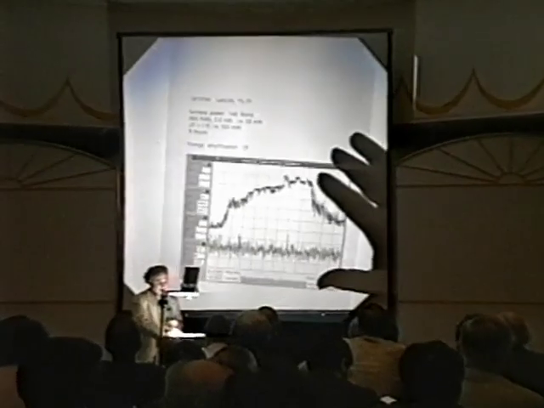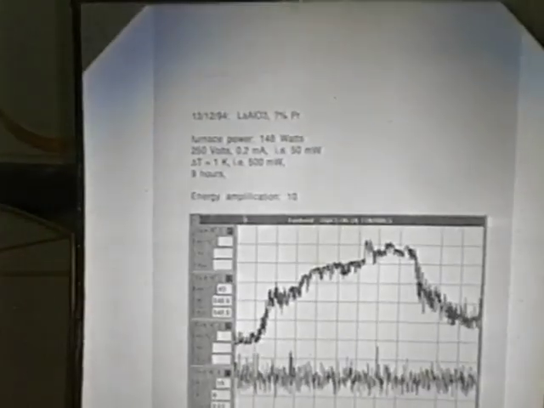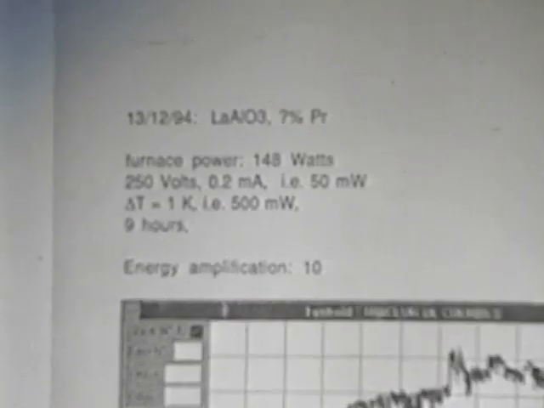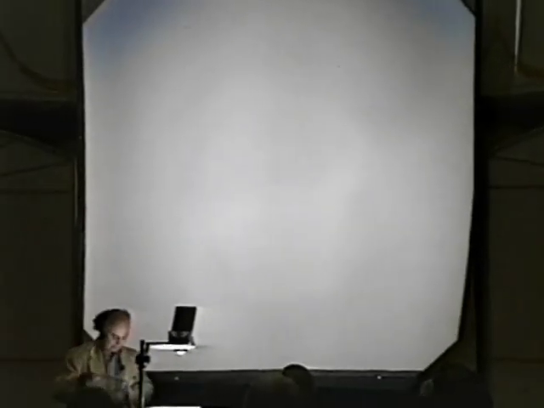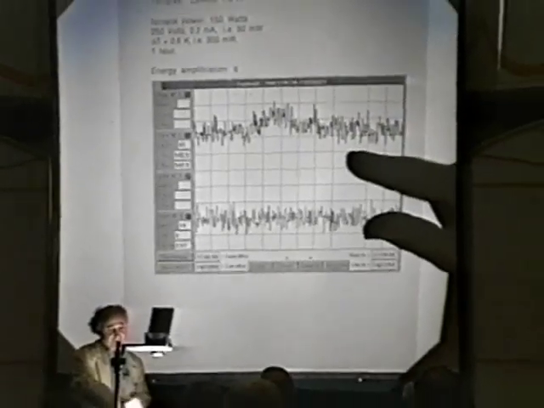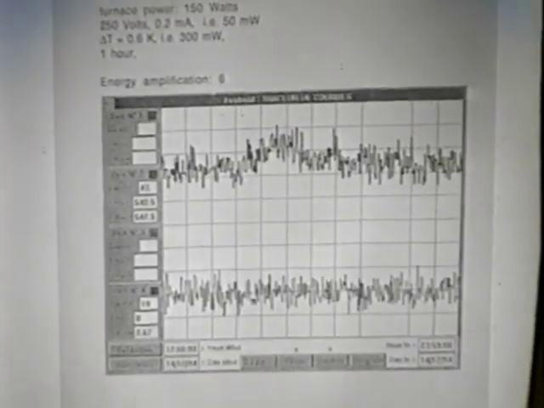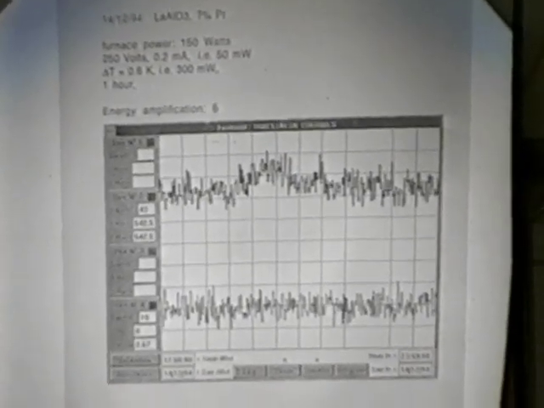This is another experiment with slightly more energy amplification, of 10, no neutrons, very close to zero. Another one here with an amplification of 6, no neutrons.